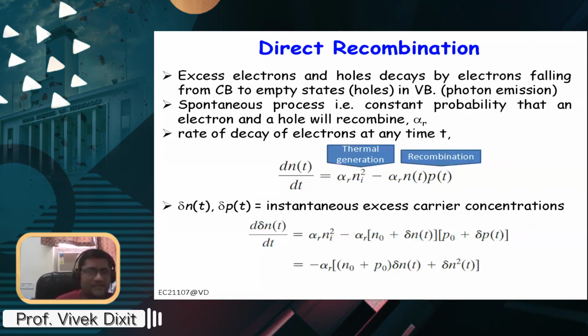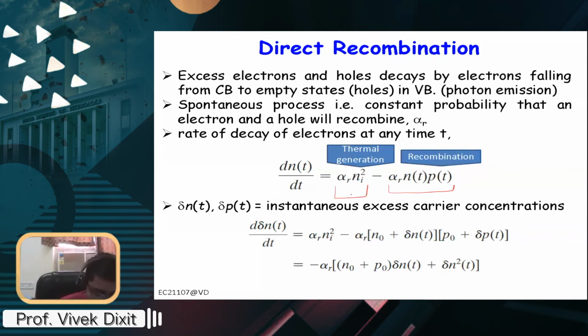Each electron hole pair has the same probability of recombination. So if there are n number of electron hole pairs, then the probability will become n times. So you can write it as some coefficient times np, where alpha r is the recombination coefficient. So recombination will be alpha r times n times p.